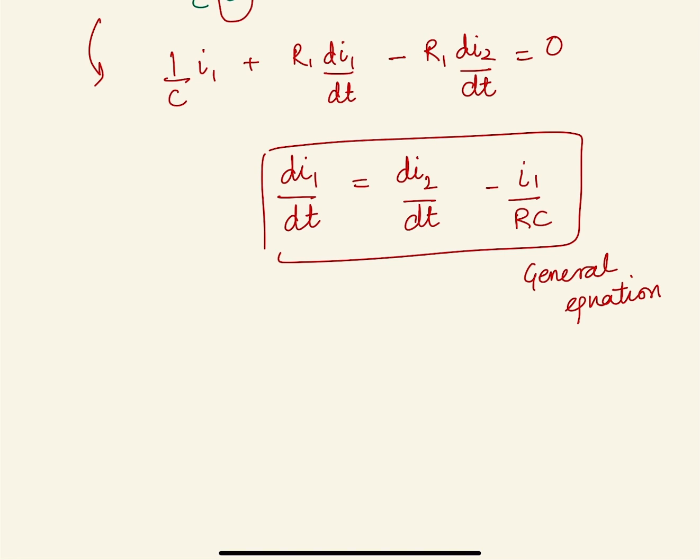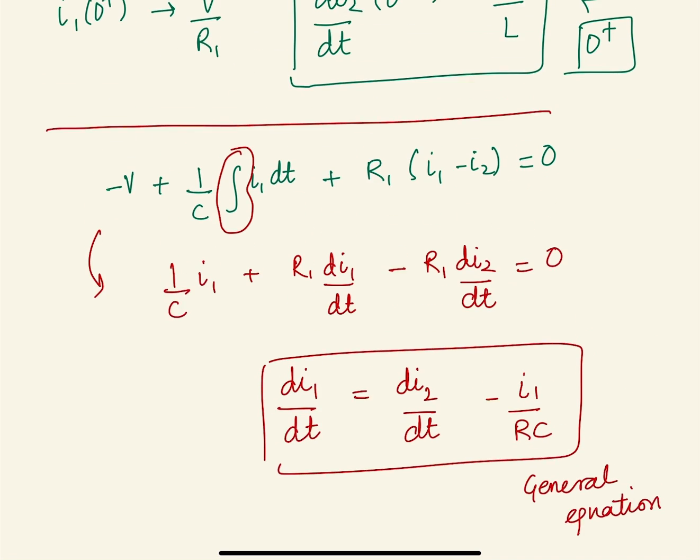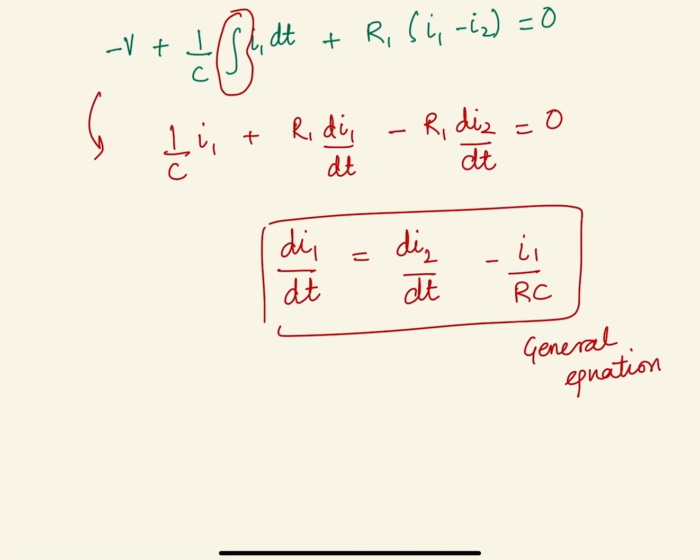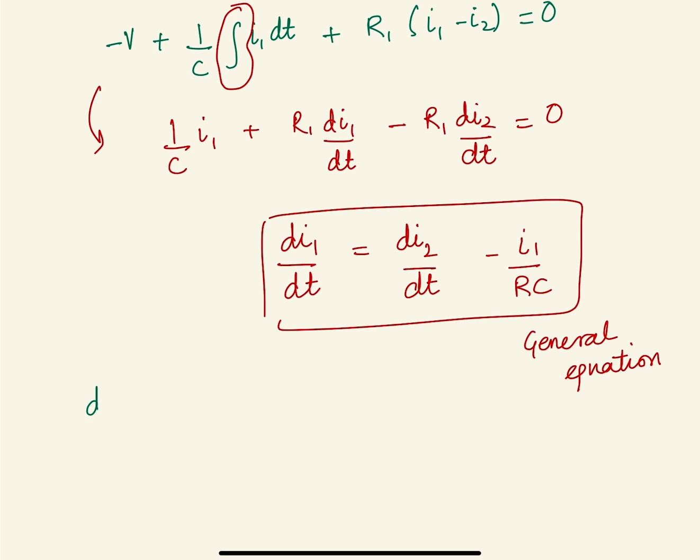And if you see this equation, do we know the particular solutions? We know the particular solution of this at t equal to 0. Yes, we do. We also know this I1 at t equal to 0. So using these two known values at a particular time instant, that is t equal to 0 plus, we can calculate this di1 by dt at t equal to 0 plus.